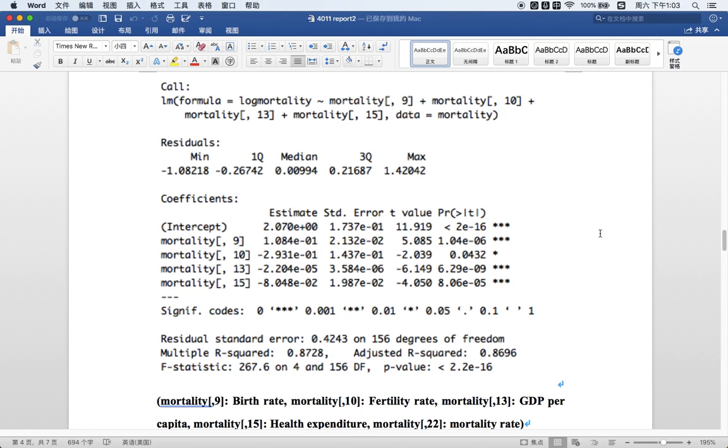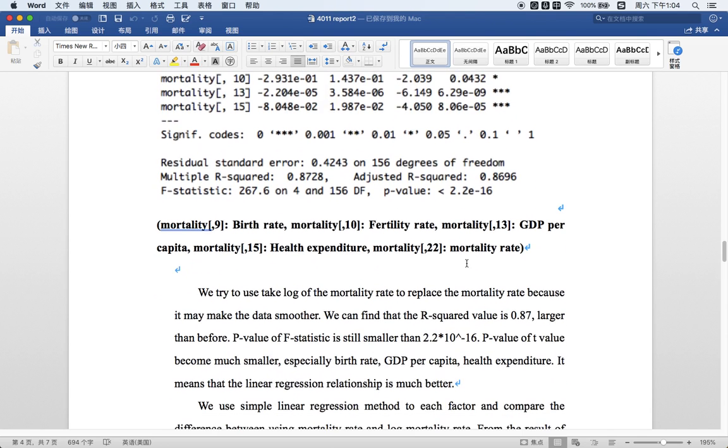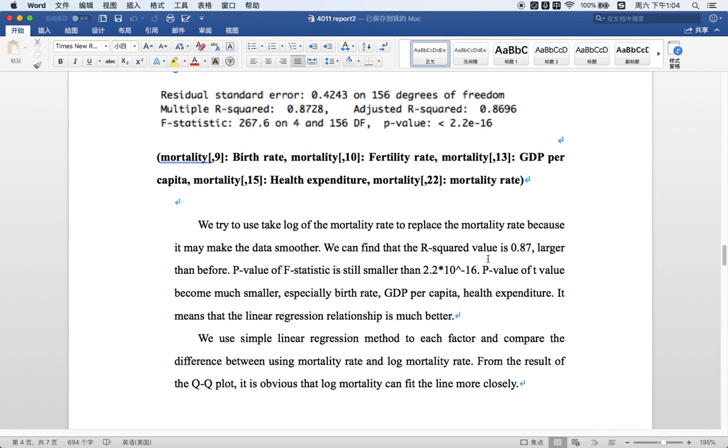The relationship seems better because the R squared is larger, F is small enough, and the p-value of t becomes smaller, obviously smaller. So I think the log of the mortality rate is better to use to judge if there is a linear relationship.